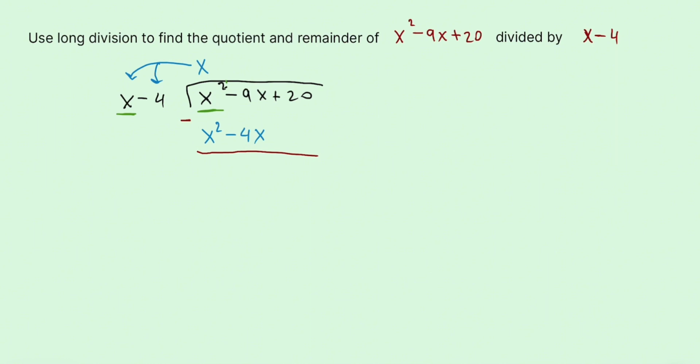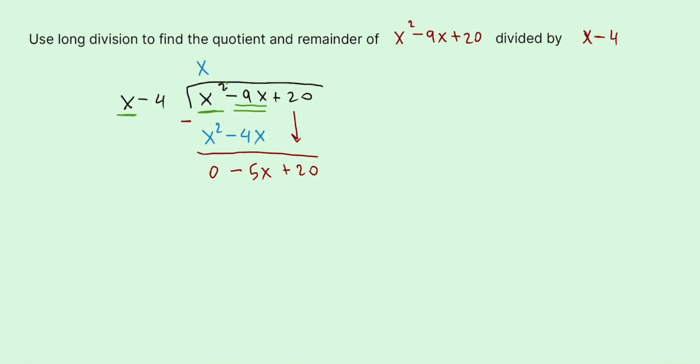X squared minus x squared is 0. Negative 9x minus negative 4x gives us negative 5x. And the 20 comes down as well, so we get plus 20.